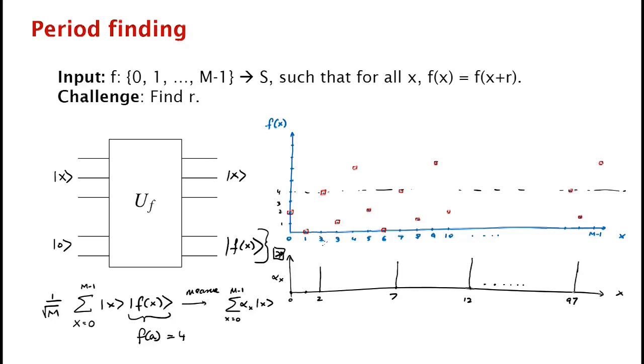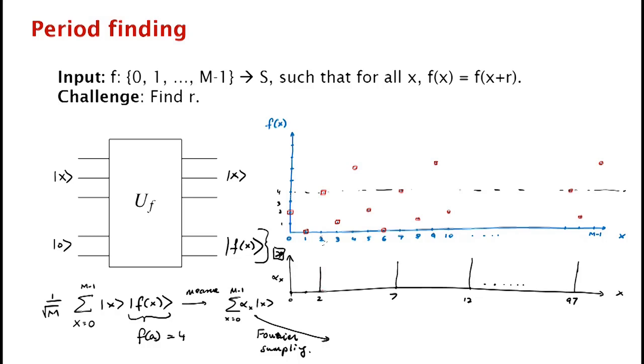Okay. So now what do we do with this? I mean, why does this superposition help us? Well, there's one more trick we have in our toolbox, which is Fourier sampling. And what are the properties of Fourier sampling? Well, here's one. Remember that if we were to shift the input superposition, the output of Fourier sampling does not change.